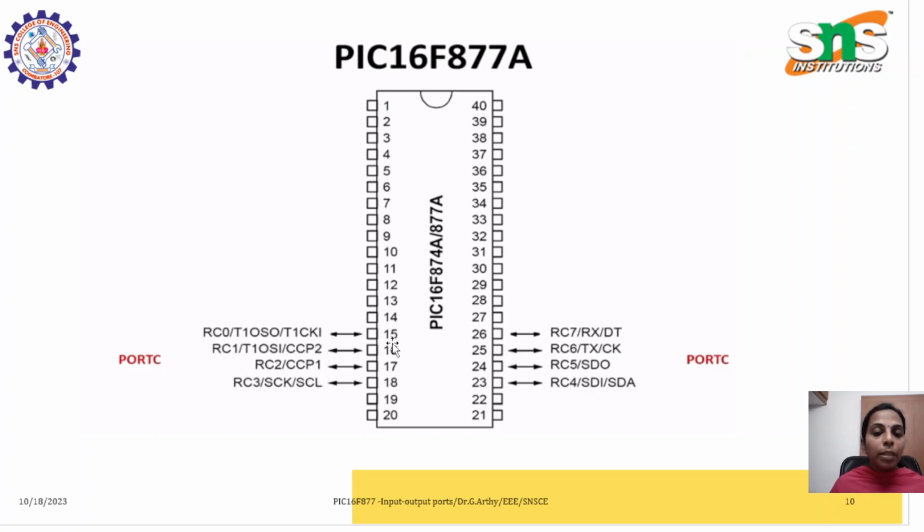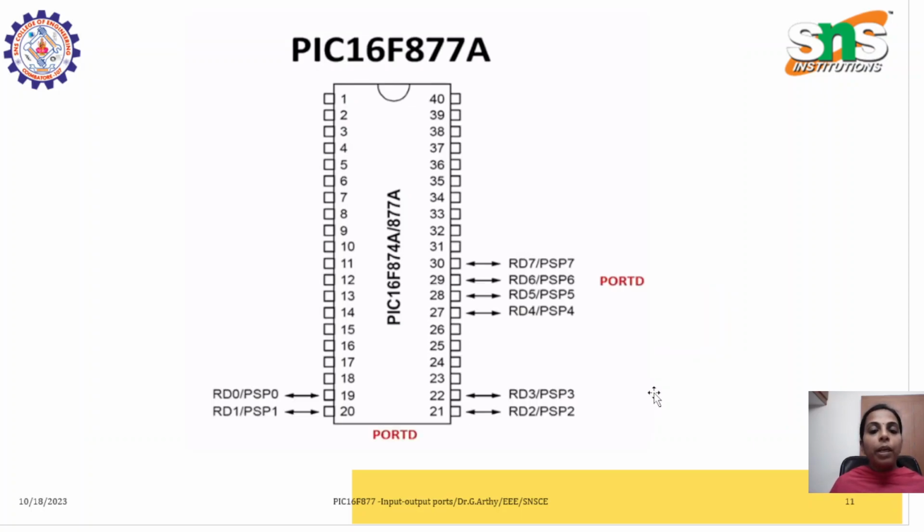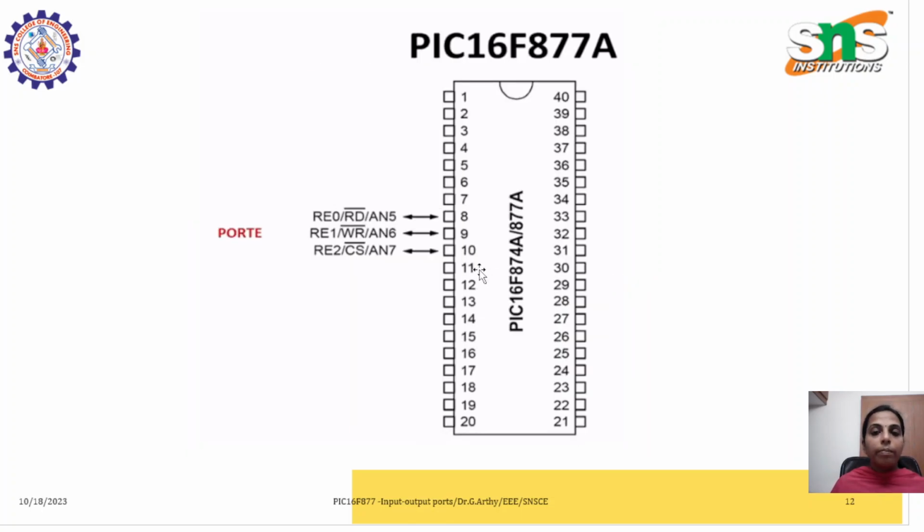Among them, pin number 15 to 18 and then pin number 23 to 26, 4 on this side and 4 on this side, constitute port C. Then again port D is an 8 pin port. Here pin number 19, 20, 21, 22 and 27 to 30 constitute port D. For port D also we have the signals RD0 to RD7.